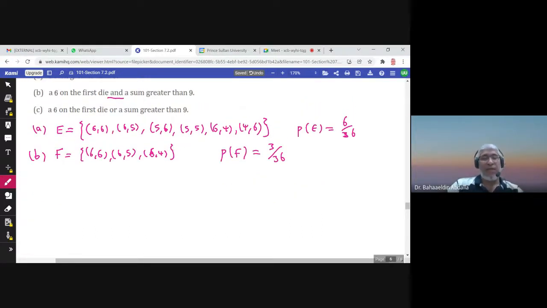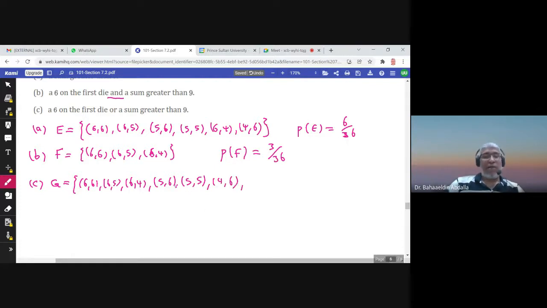Part C, 6 on the first die or a sum greater than 9. Well, let me call this G. I have some greater than 9. These are the 6, so let me write them. And now I will write all the outcomes with 6 on the first die because we need OR.